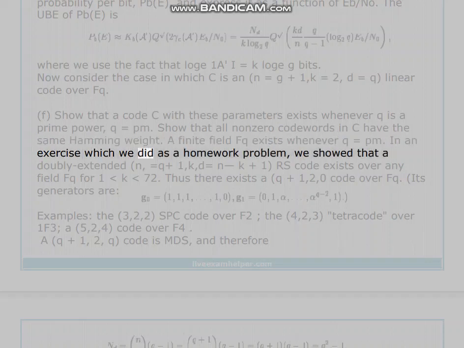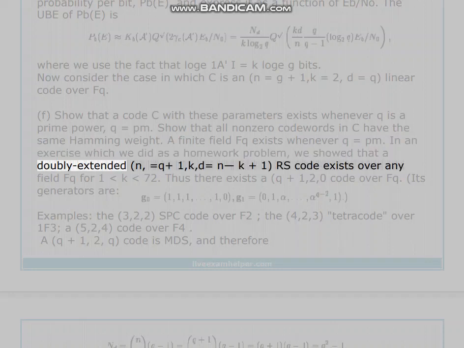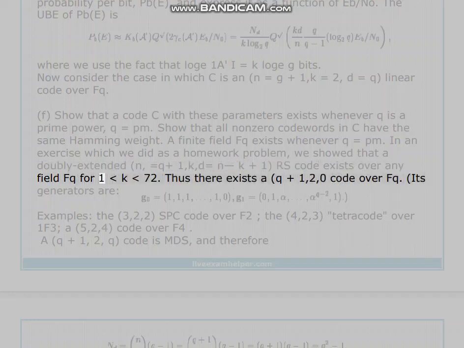In an exercise which we did as a homework problem, we showed that a doubly extended (n = q + 1, k, d = n - k + 1) RS code exists over any field F_q for 1 ≤ k ≤ q + 1. Thus there exists a (q + 1, 2, q) code over F_q.